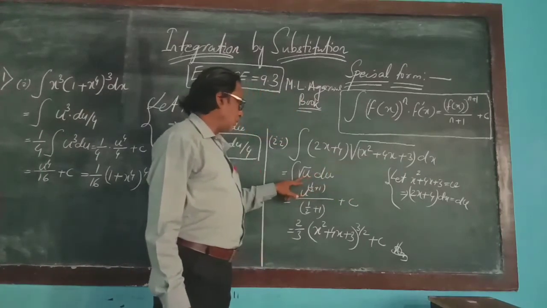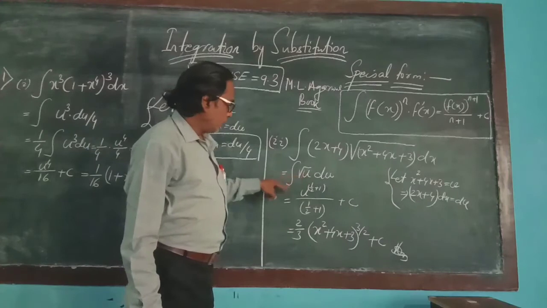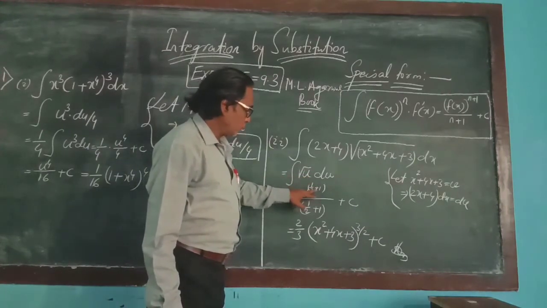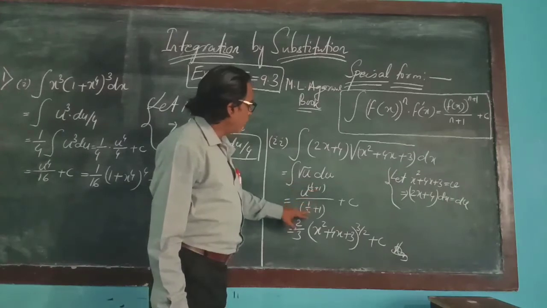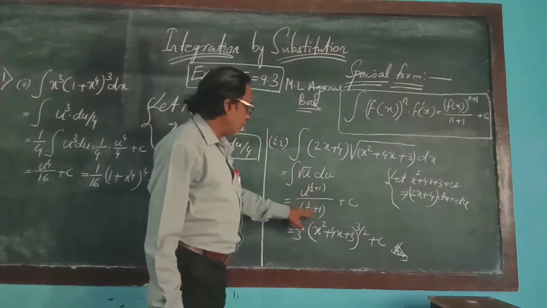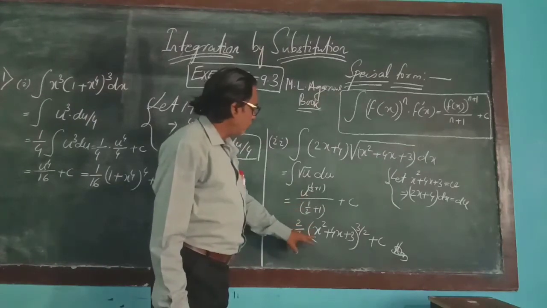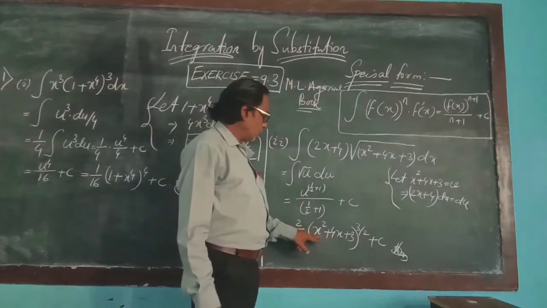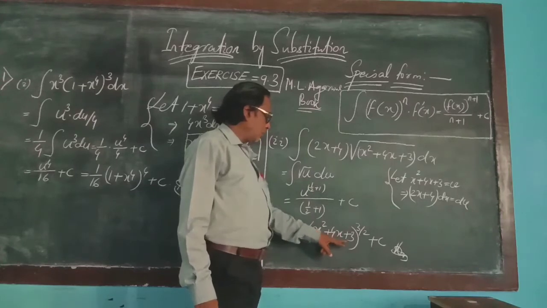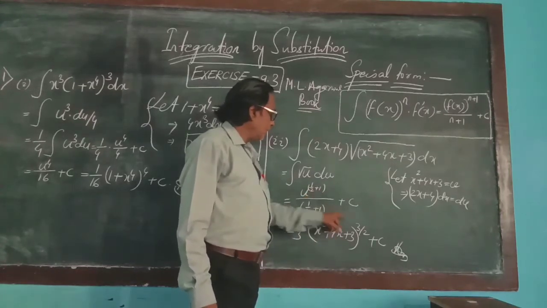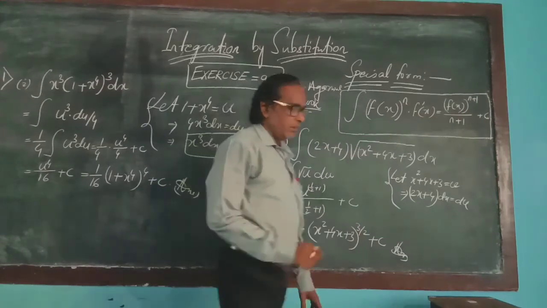Root over u means power is half. The answer will be u to the power half plus 1 by half plus 1. This should be 3 by 2, which will reverse to 2 by 3. Putting the value of u as x square plus 4x plus 3 whole to the power 3 by 2 plus c.